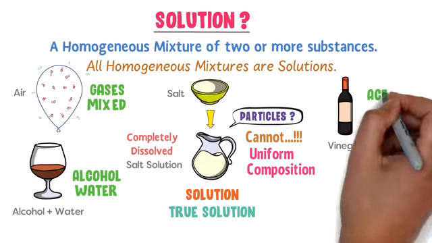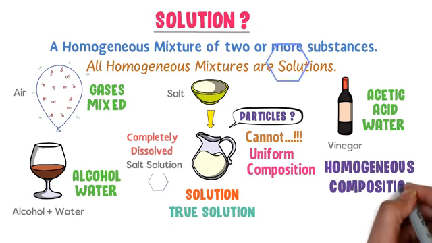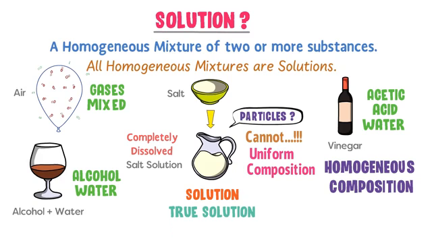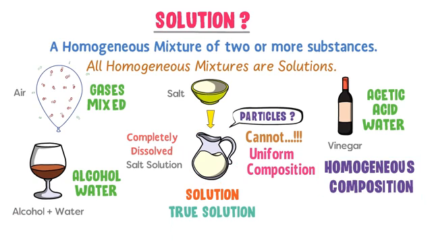In vinegar, acetic acid is dissolved in water and they also form a uniform composition or homogeneous composition. Thus remember that a mixture is said to be a solution if its particles form a homogeneous composition. Secondly, in a solution, the particles are so small that we cannot spot them with the naked eye.